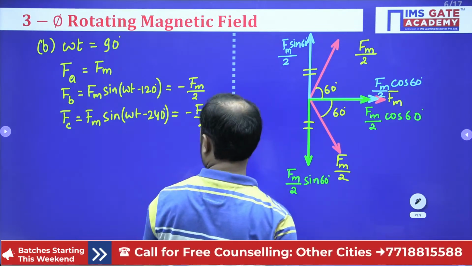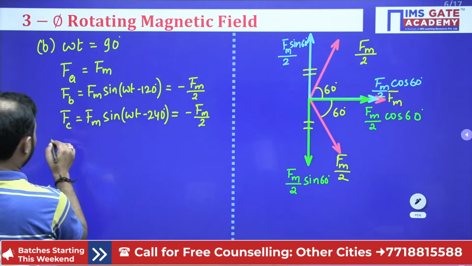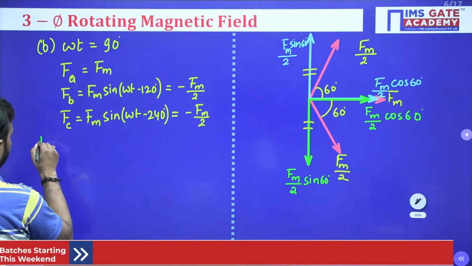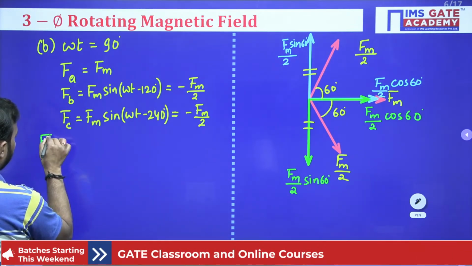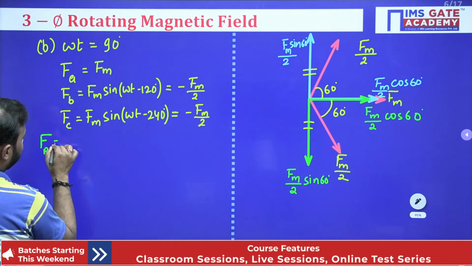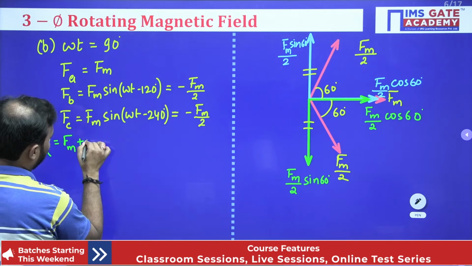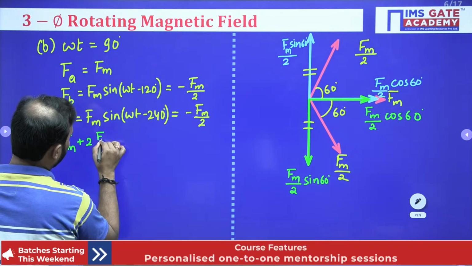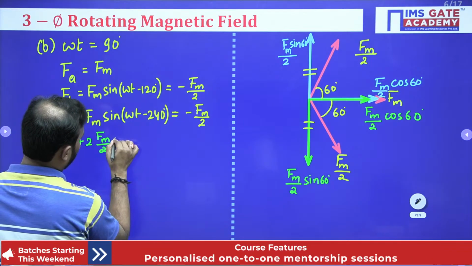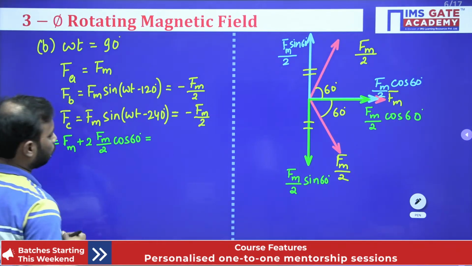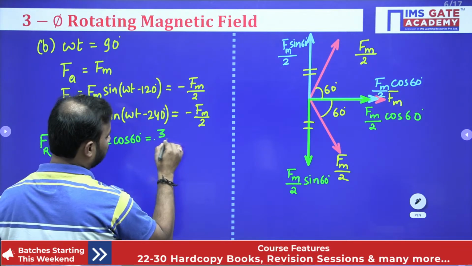So your Fr resultant, let me write here, your Fr is what? Fm plus 2 times of Fm by 2 cos 60, isn't it? So this will be equal to what? 3 by 2 Fm.